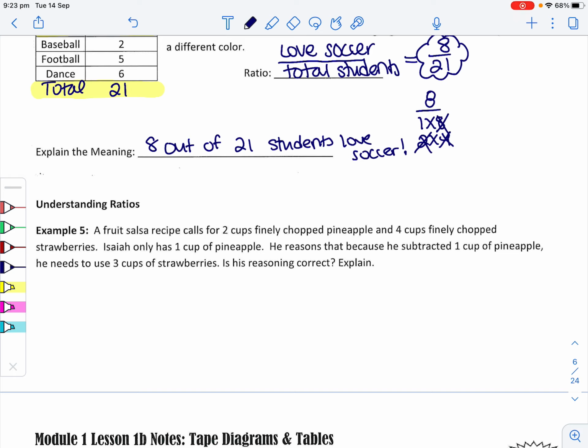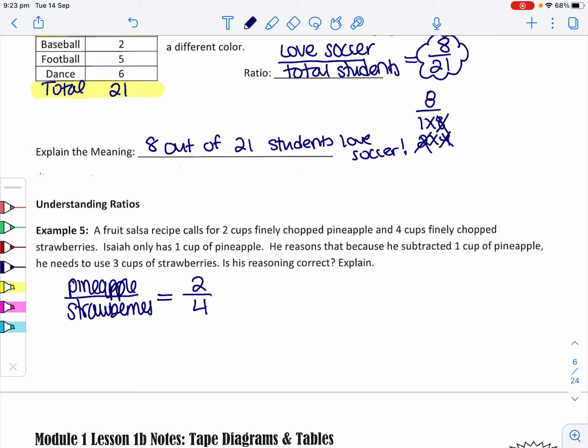So a fruit recipe calls for 2 cups of finely chopped pineapple and 4 cups of finely chopped strawberries. So for my ratio, it's going to be pineapple and strawberries. And I've got 2 cups of pineapple and 4 cups of strawberries.